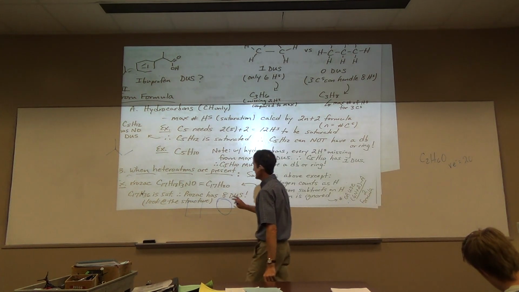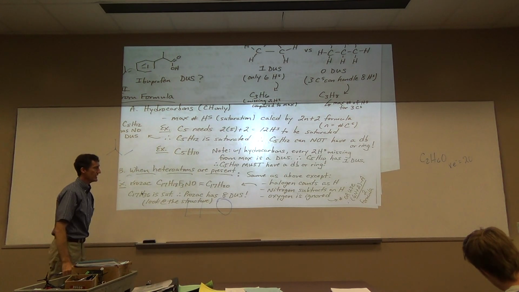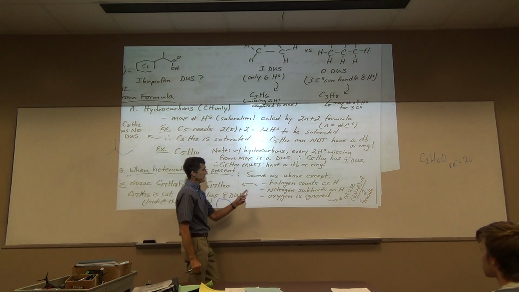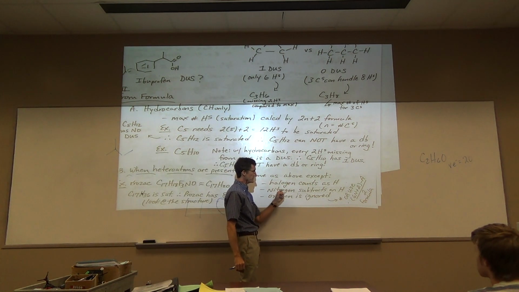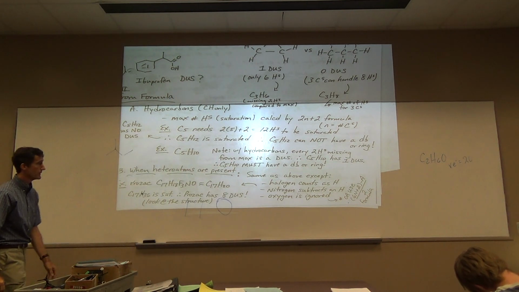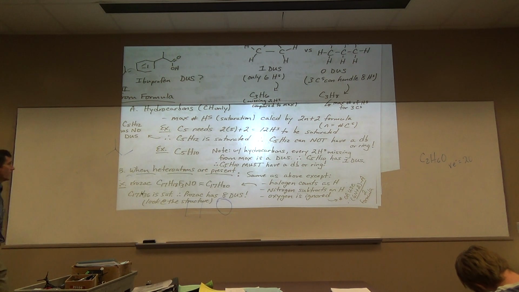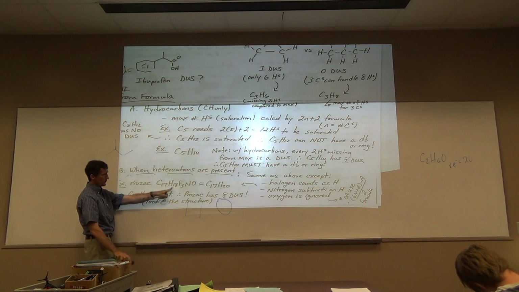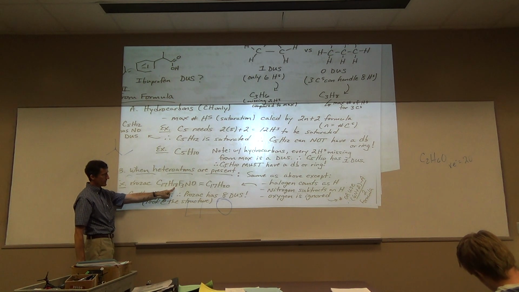What about when heteroatoms are present, non-carbons? Same as above, except a halogen counts as an H, nitrogen subtracts an H, and oxygen you just ignore. For example, Prozac has this formula. How many DUS in this formula?